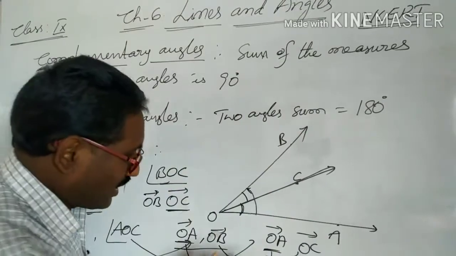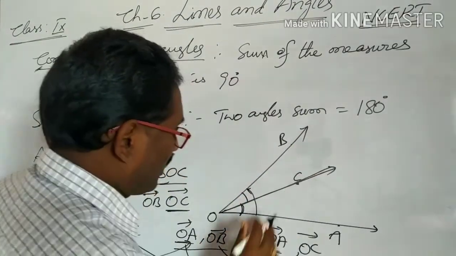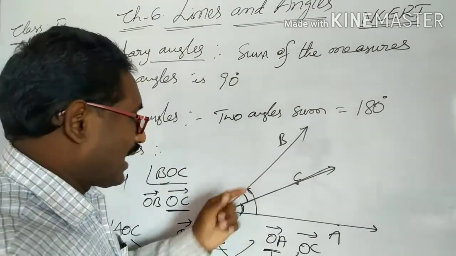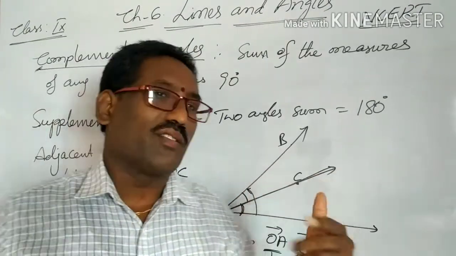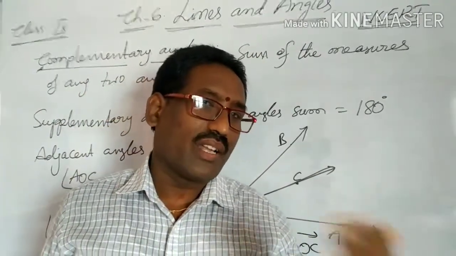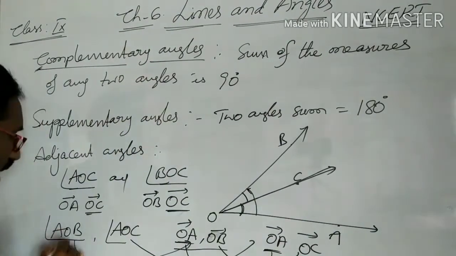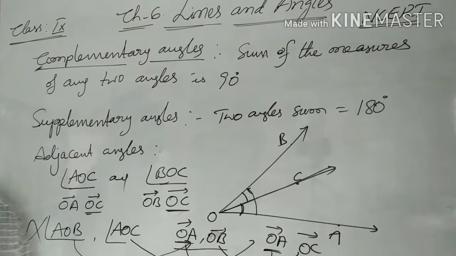No. This is the OB, this is the OC, and OA is outside. The common arm OA must be in between OB and OC; then only they are adjacent, otherwise these two angles are not adjacent. Therefore, these two angles are not adjacent.